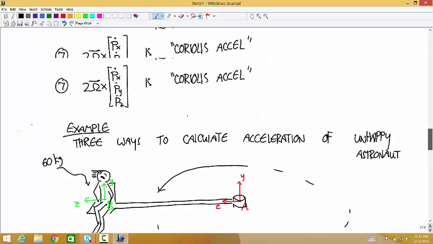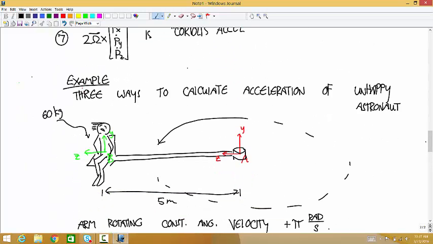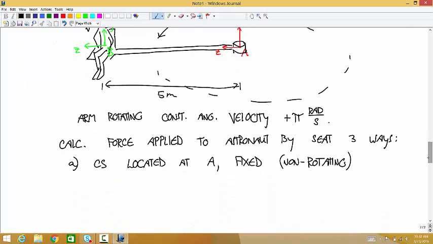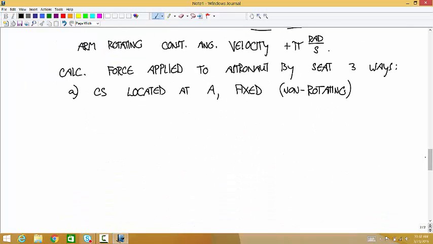And so according to that coordinate system, once every revolution, it just sees the astronaut go by. But it only sees the person once every revolution. Okay? Yeah, exactly.